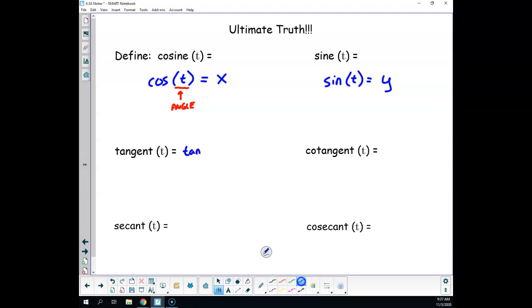Tangent of t is going to be the sine of t divided by the cosine of t, or in this case, y over x. So we can find the tangent of any angle by taking the y value from the point it corresponds to on the circle and dividing it by the x value.